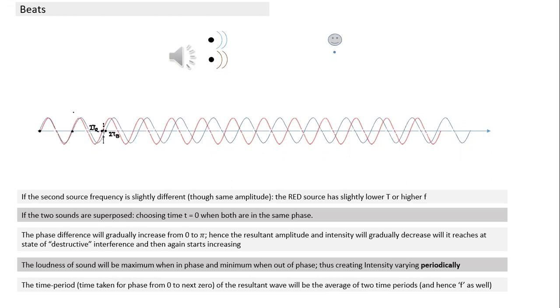Because one is in the positive direction, the other in the negative direction. So if I want to understand the time period of resultant oscillation, the resultant time period of oscillation is between the two time periods. Is that making sense? Yes, I understand. Good. Intuitively it makes much more sense.